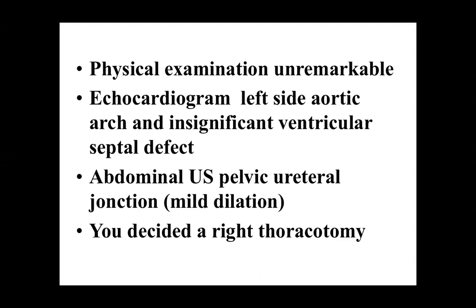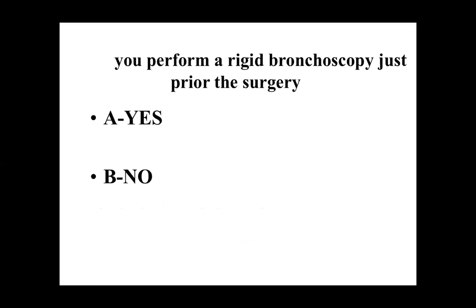So you decided to perform a right thoracotomy. Here, in this case, will you perform a rigid bronchoscopy just prior to the surgery? Yes or no? So please make your choice.